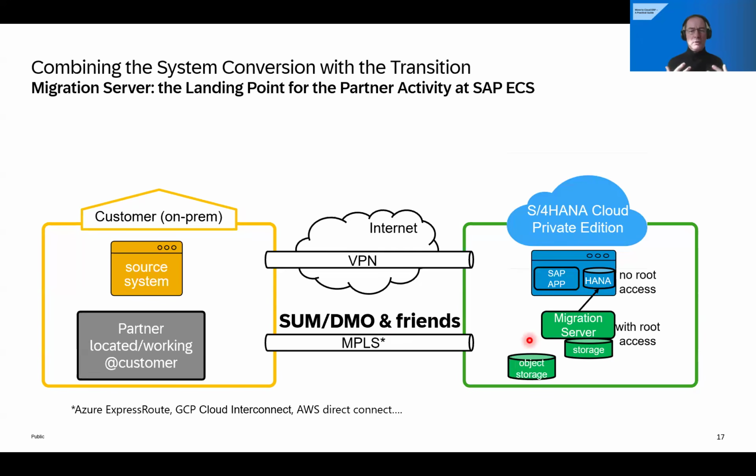For the time of the conversion, this is where the partner is working. And at a specific time, for example, if the conversion is done and the post activities require SAP GUI access, then the ECS colleagues will switch to the target landscape, where then the partner will get the SAP GUI access, but not the operating system access.